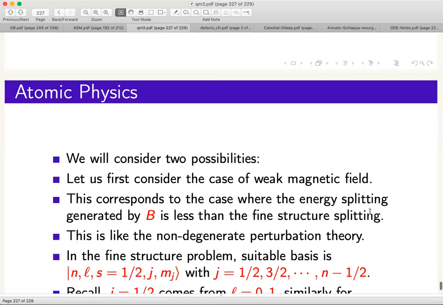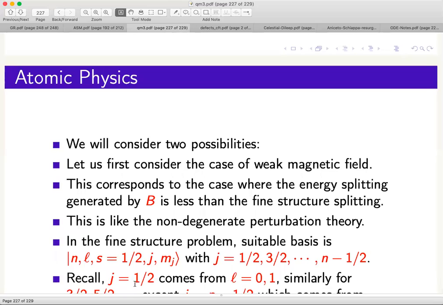Now, the fine structure problem is in fact solved by using a basis like this: the n, l, s equals half, j, mj basis. The J values that are possible in this basis are J equals half, 3 half, all the way up to n minus half.